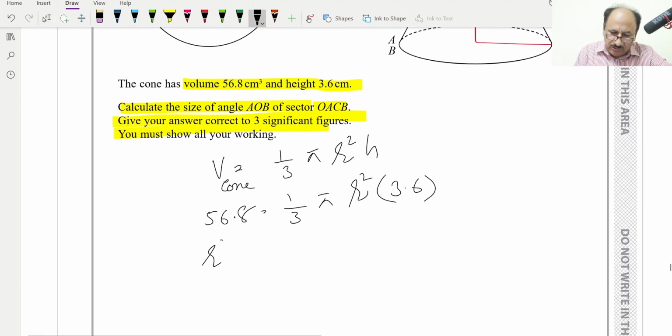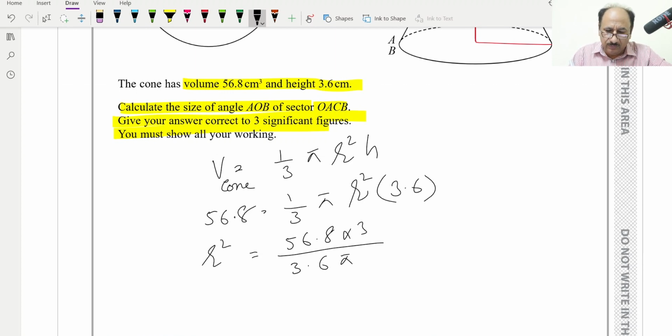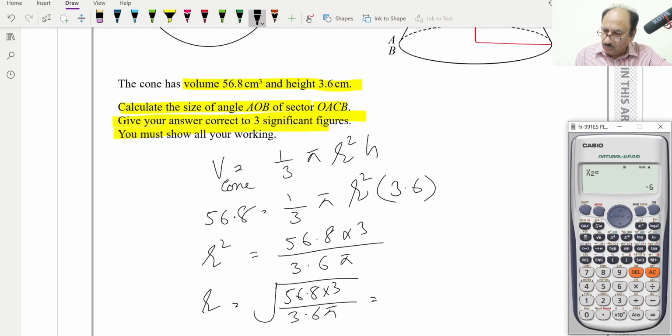So we'll shift everything to the other side, making r square the subject. So r square will be 56.8 multiplied by 3 and divided by 3.6 pi, and for r square we can take the square root, so r will be equal to the square root of 56.8 multiplied by 3 divided by 3.6 pi, and this is equal to 3.88.